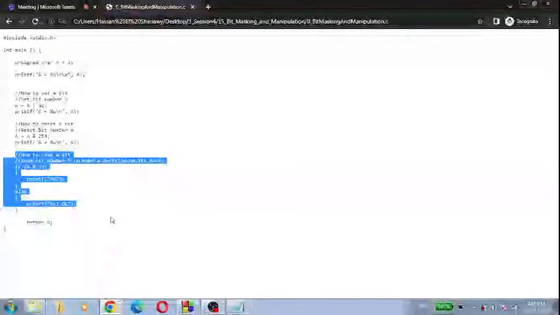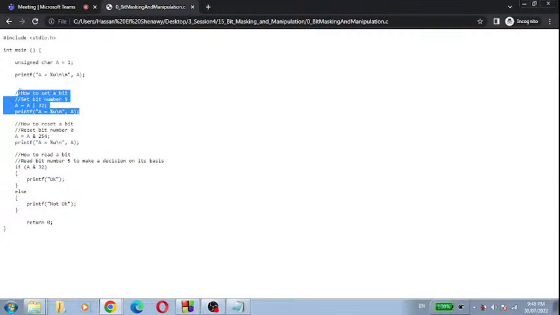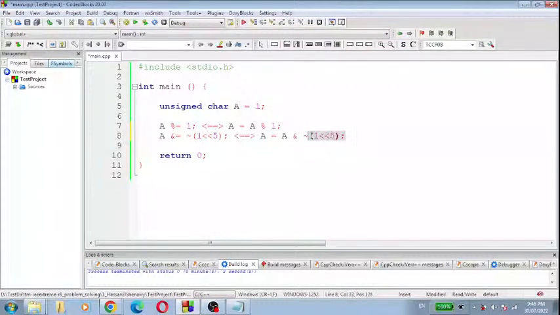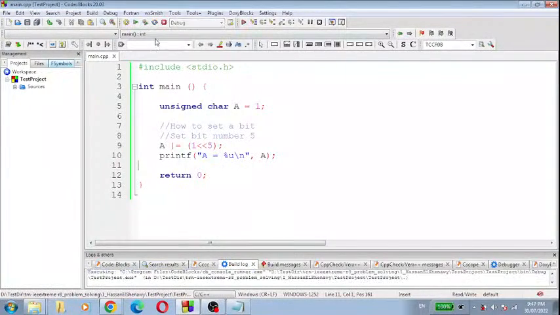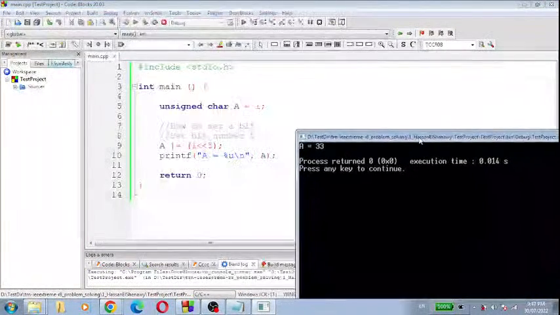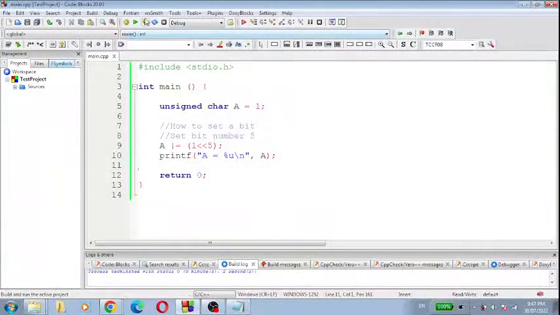I'm going to repeat this again, the first one only. Here I have used 32, which is 1 shifted by 5. Now I could write this as 4 here, and you got the same, you got 33 here. You see, that's it.